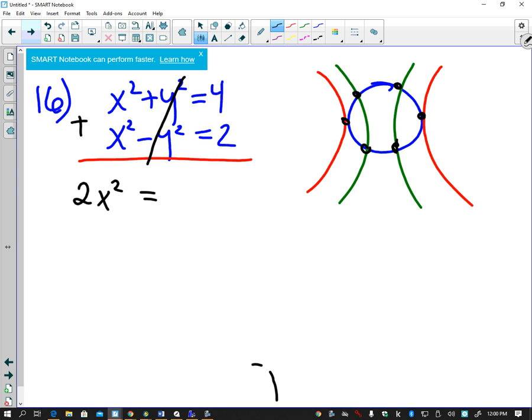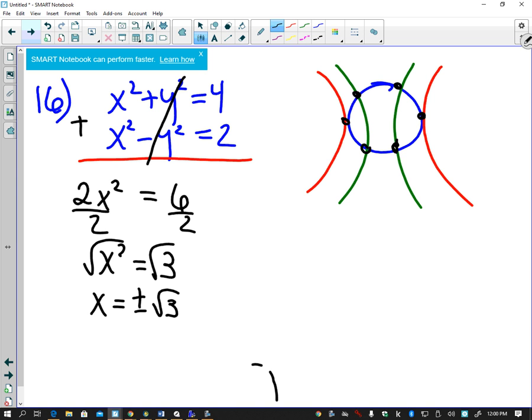All right, and 4 plus 2 is 6. Divide by 2, x squared equals 3. Square root. So x equals positive or negative square root of 3. Let me see here, we're on 16. All right, and then after this, we're going to plug that back up into an original equation.